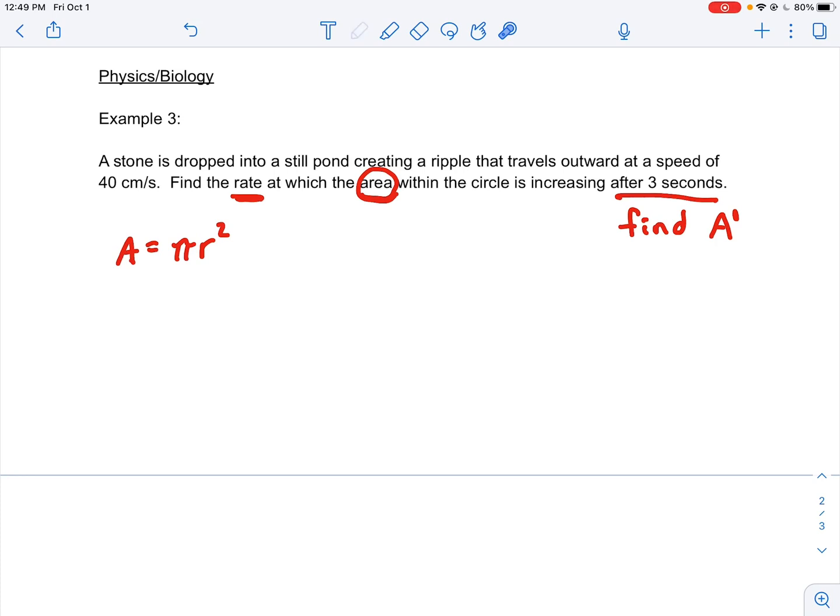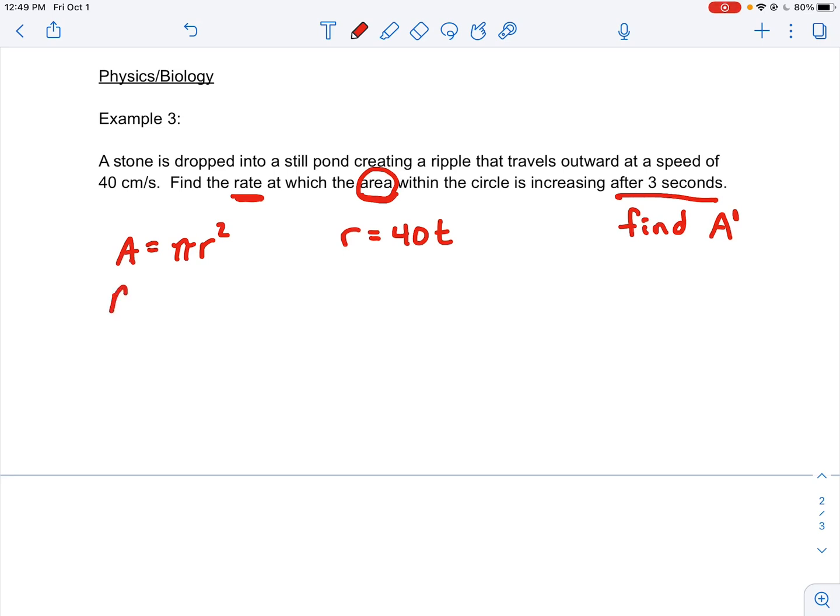Well, look. Our radius here is expanding at 40 centimeters per second. So, that being the case, every second, our radius is expanding 40 centimeters. So we can say that the radius here is going to be 40t, because however many seconds we have, that's how many 40s our radius has already expanded.